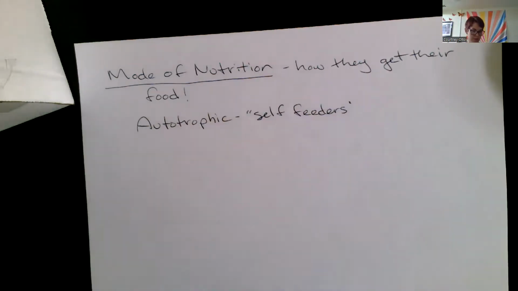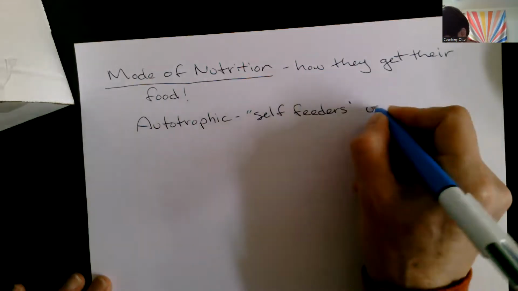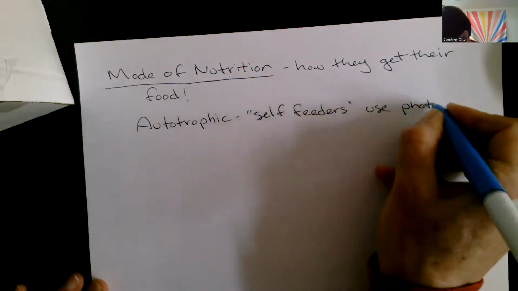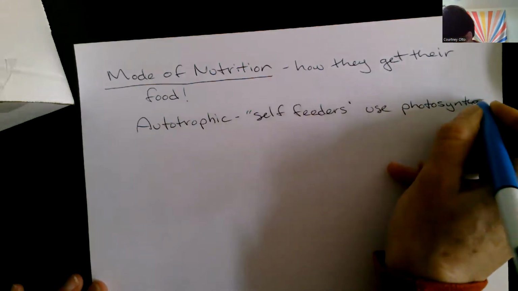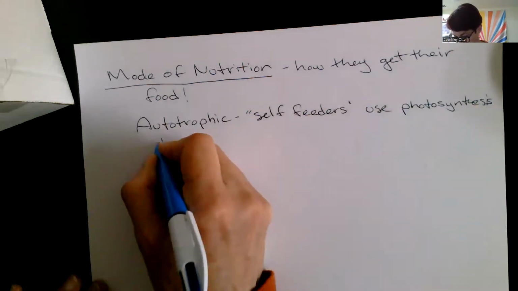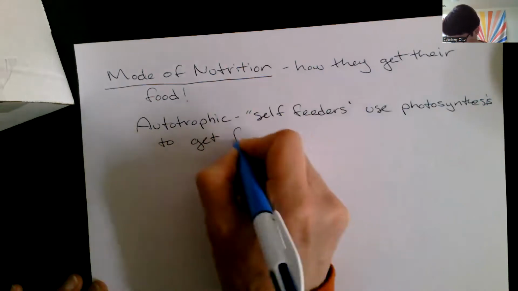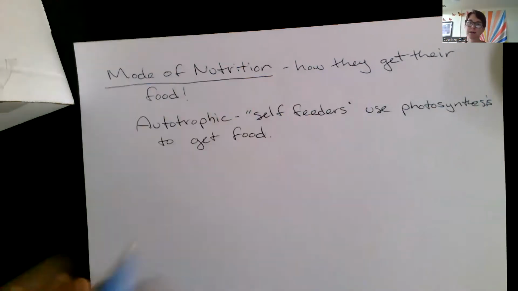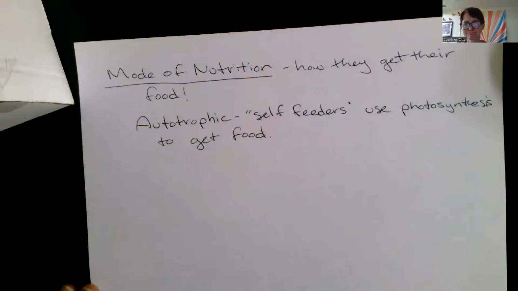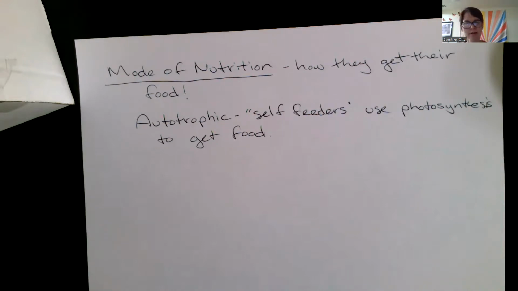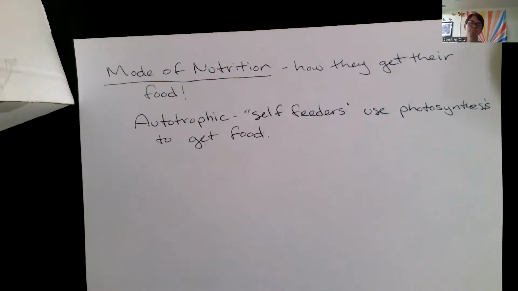And what that means is that they use photosynthesis to get their food. So plants can go through photosynthesis and convert essentially that solar energy into the stored bonds inside sugar molecules.